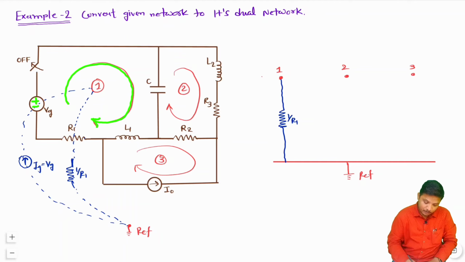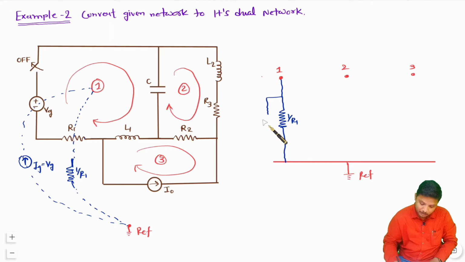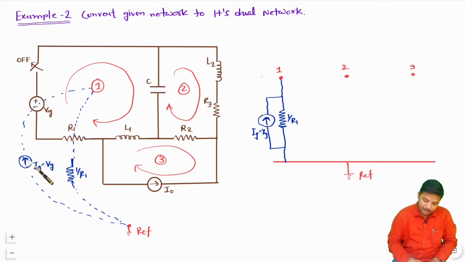So from node 1 to reference I connect a current source Ig equal to Vg, and its direction is upward. This is very essential: you will have to see the loop direction. If the voltage source has minus to plus polarity, then when you draw it over here, it should be in the upward direction.